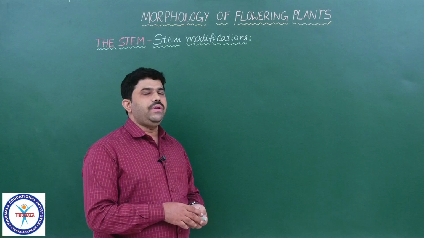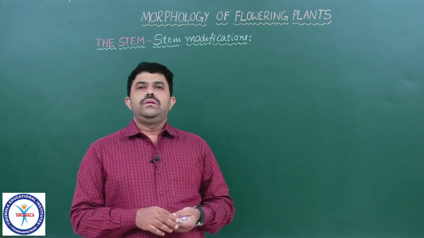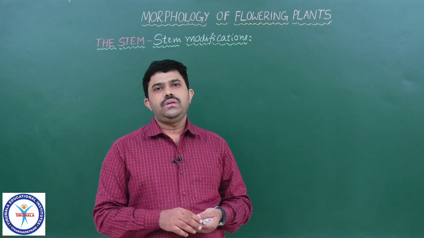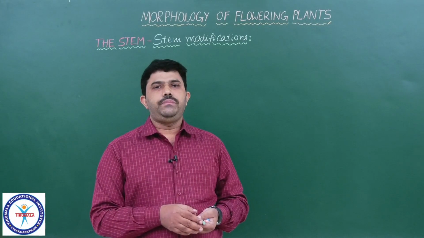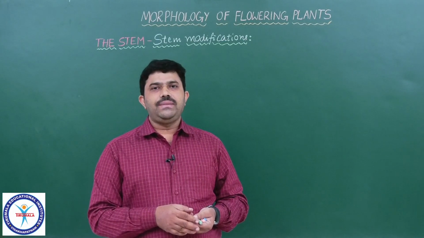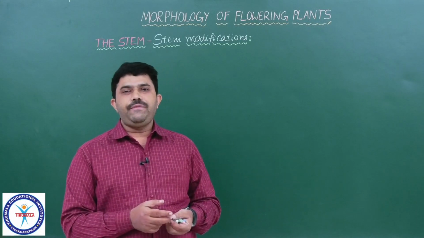In the stem, we have already completed the information needed about the stem and the structures they develop on the plant axis. Everything we have completed, students, including the main functions of the stem.